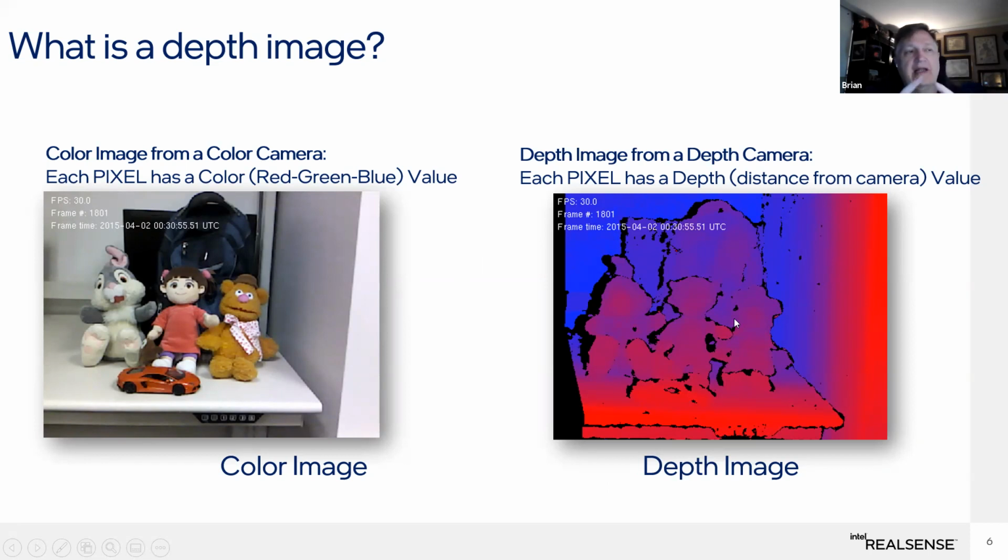And then when we align it to a pixel, we have an averaging formula that says this pixel, based on the 2 or 3 subpixels around it, give us a depth value. And so for every pixel you see on the screen that runs at 30 frames per second, we're giving you a 30 frames per second real-time depth image to go behind it. So you get both of these data.